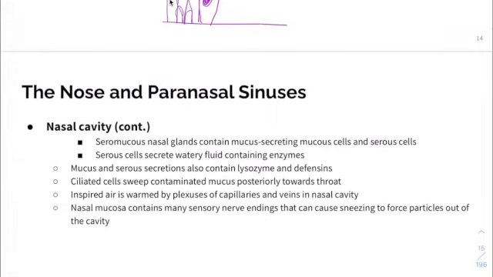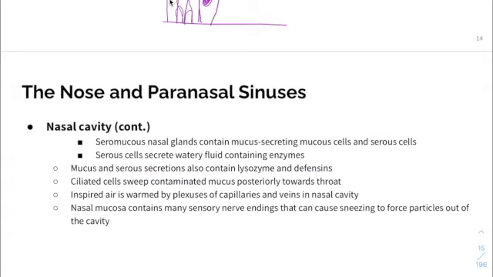So within that nasal cavity, we have different glands, because that's what creates the mucus in our nasal cavity, which also helps to collect and catch different foreign particles. That mucus that gets secreted also contains different enzymes.